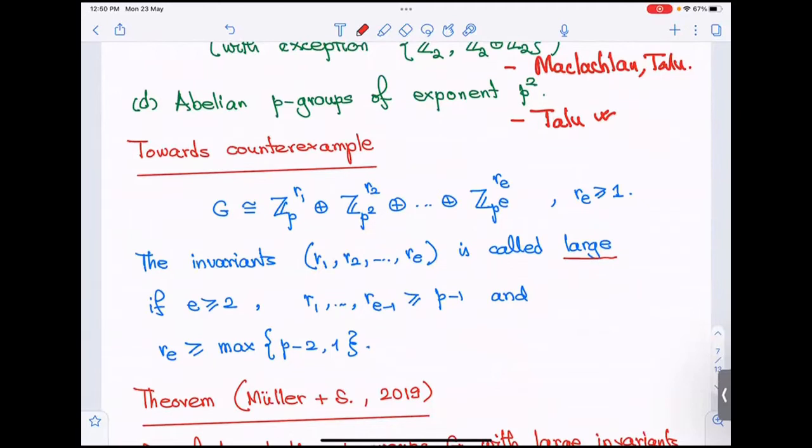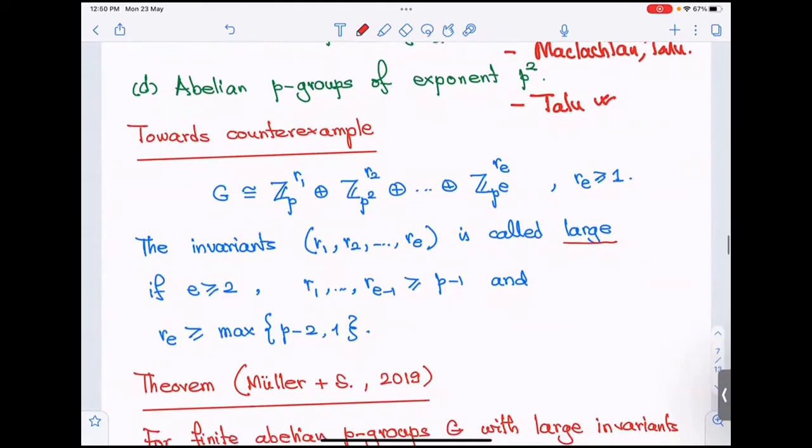And obviously that has to be beyond exponent P squares. So I found out that they were of exponent P cubed. So let me just formally explain what it was. Suppose you have an invariant form of this.